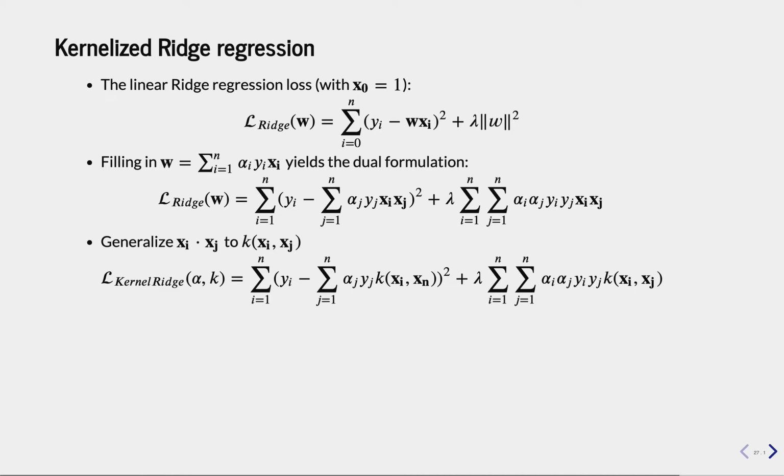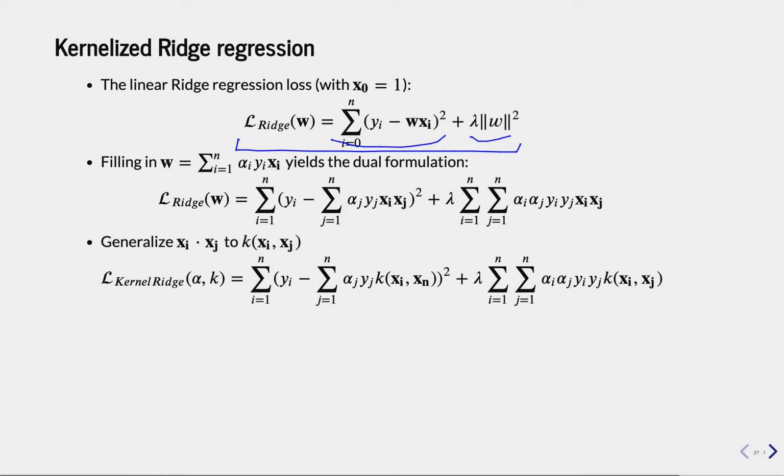This looks like a very scary slide, but it's not so bad. So remember, this is what our ridge loss was. So it's basically the sum of squared errors plus the regularization term. Now, if you want to come up with the dual formulation of this, or the kernelized, well, let's first do the dual.